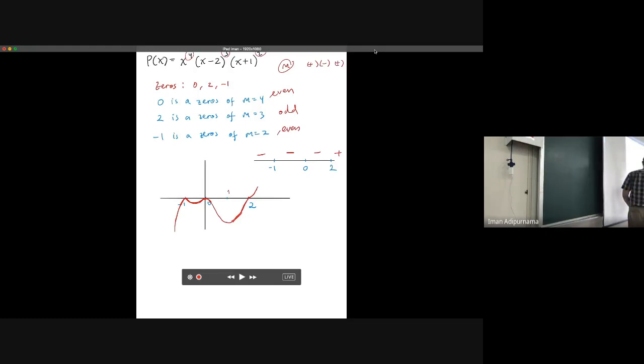So why can I draw like this? Because it's just a polynomial function. It's not an exponential, it's not a log, right? Every polynomial has the same characteristic, curves, and smoothness.